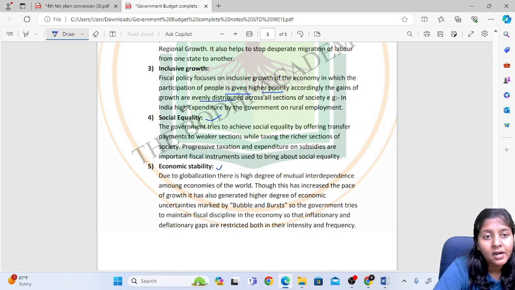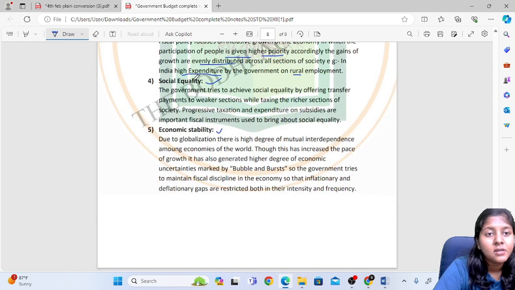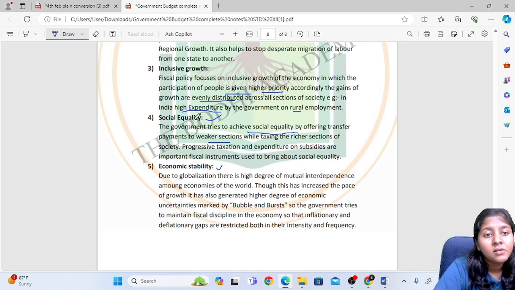So, in India, high expenditure by the government is spent on rural areas. Then, social equality. The government tries to achieve social equality by offering various transfer payments to the weaker sections while taxing the richer sections of society. Here, a government has to maintain social equality among the weaker sections.